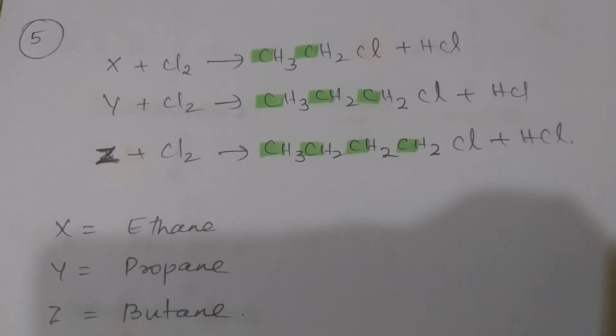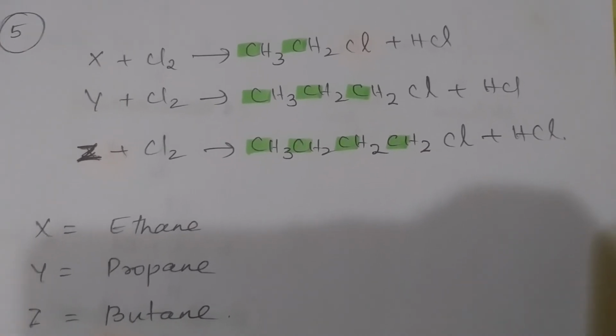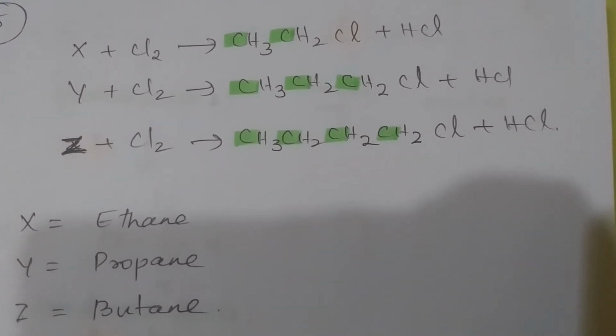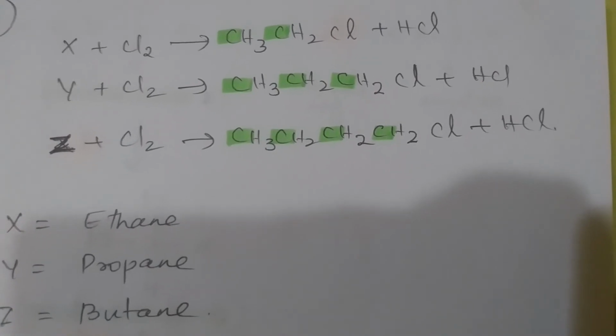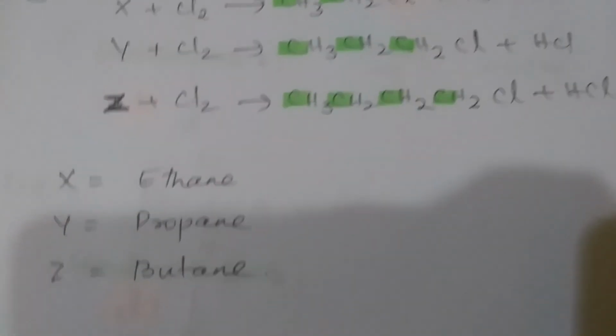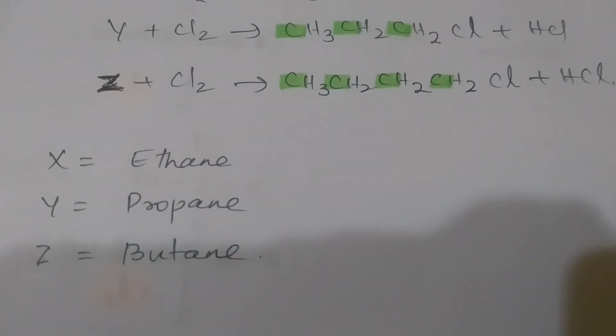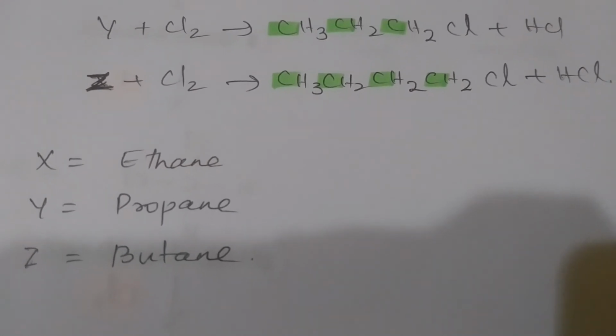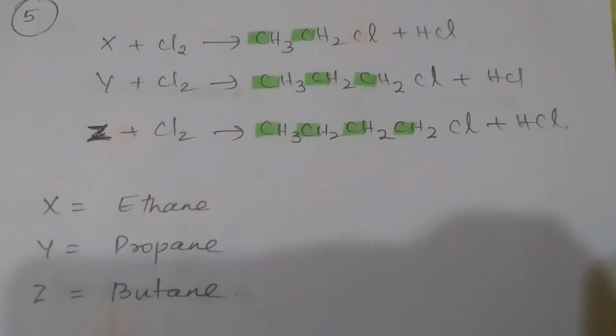Sorry, it was wrongly written. When we treat Z with chlorine, there are four carbons in the product, so it should be butane. So the answer is X is ethane, Y is propane, and Z is butane. I hope it's clear.